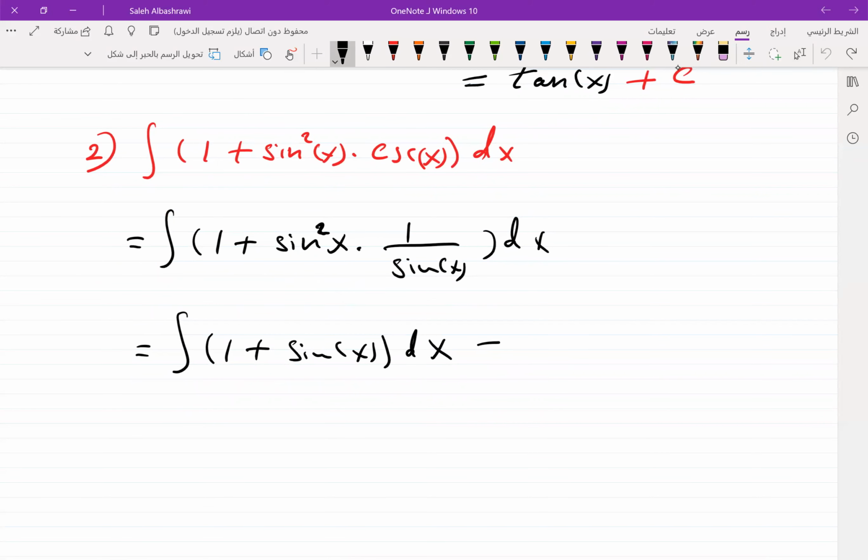Now the integration of 1 is equal to x. Integration of sine equals minus cosine plus constant c, because this is an indefinite integral.